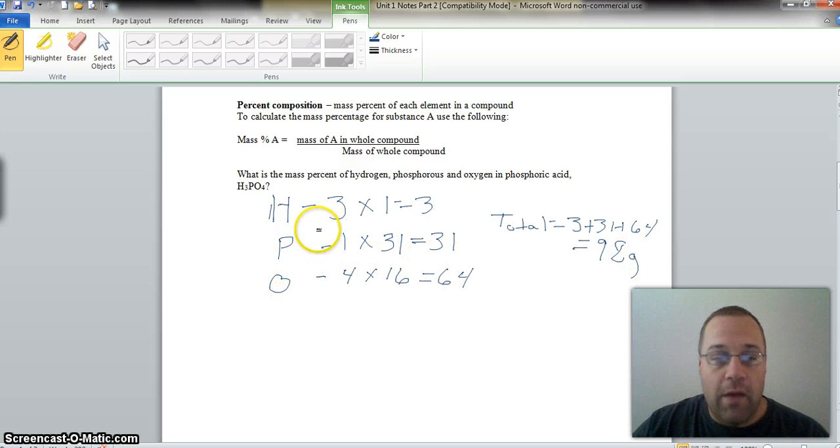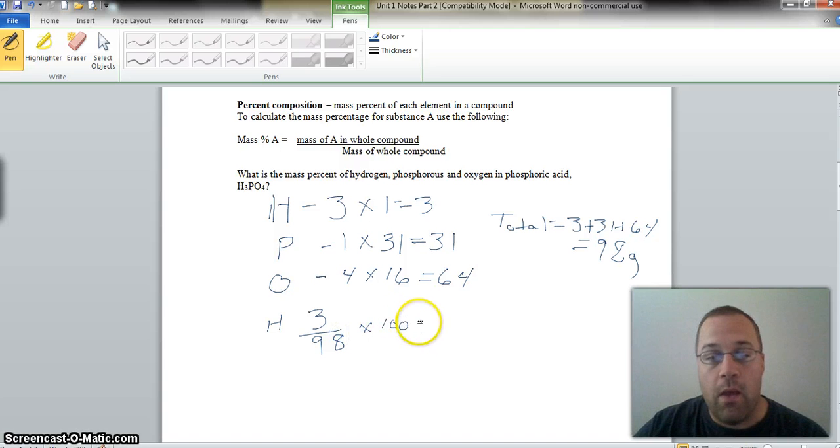So then if we're going to find the mass percentage or the percent composition, and like I said, they're interchangeable when you're using them. So for hydrogen, you're going to do 3, the mass of hydrogen, divided by 98, the total mass, times 100. And you get 3.06%.